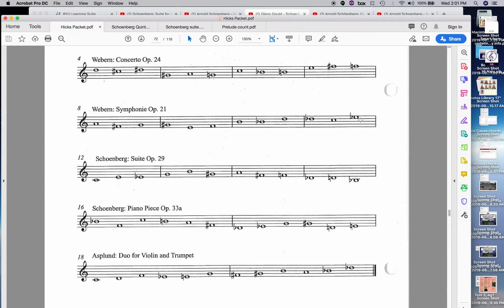If we start from the end and go to the beginning, we have the same thing transposed up a tritone and backwards. So it's a really cool kind of symmetry.